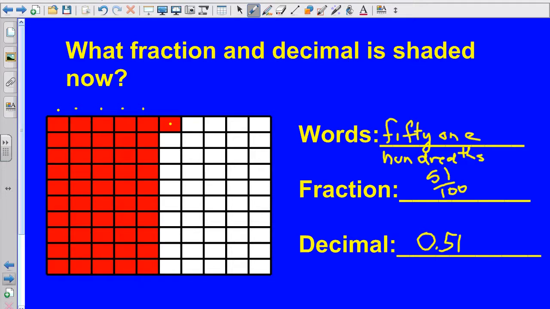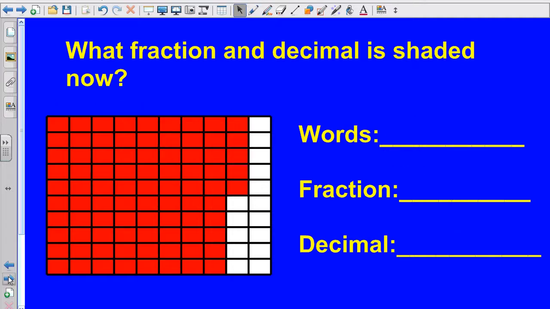Okay, turning the page to the next one. Ethan, 85. 85 what? Hundredths.